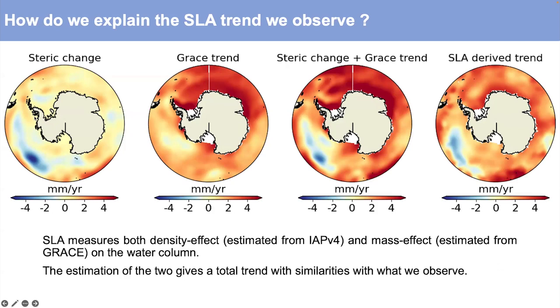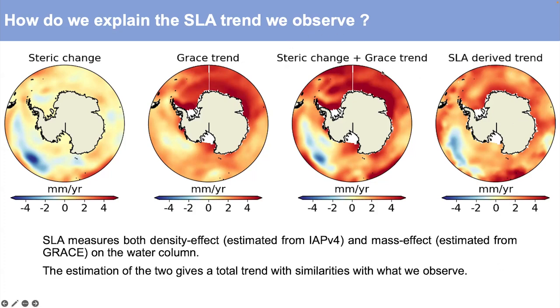So this is here the steric change that we have. And we have here the geostatic effect on the sea level anomaly trend estimated from GRACE. And this is the sum of the two. The idea was to see if we could explain the whole SLA trend with those two components.